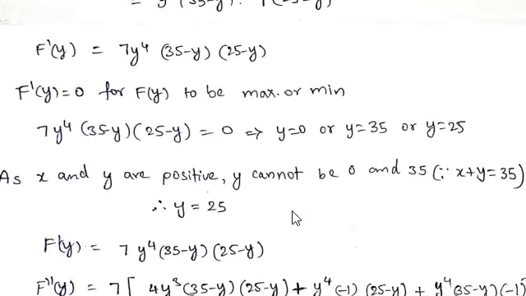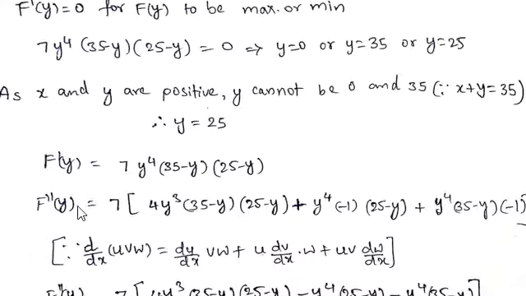So therefore the root for y is 25. Now we are writing this f dash y as 7 into y to the power of 4, (35 minus y), (25 minus y), and from here we are differentiating f of y once again.